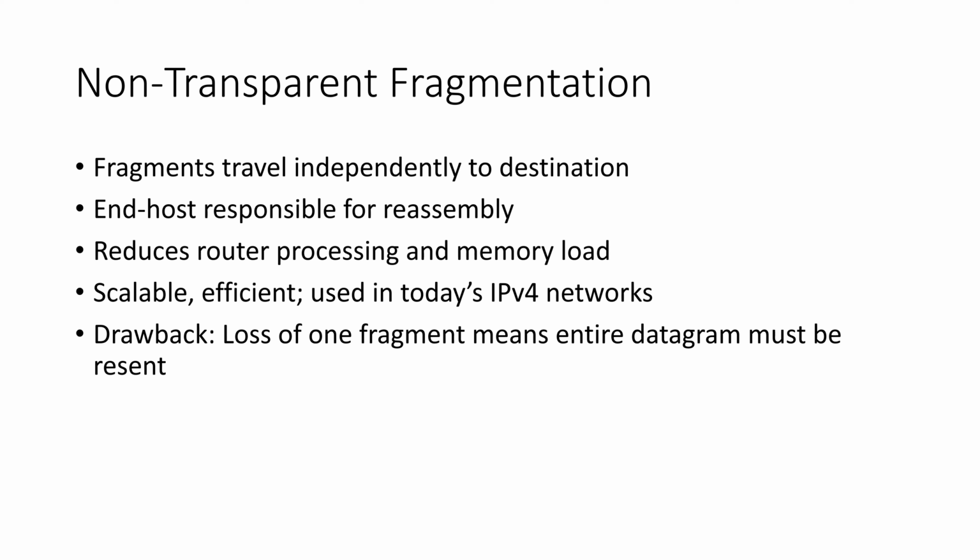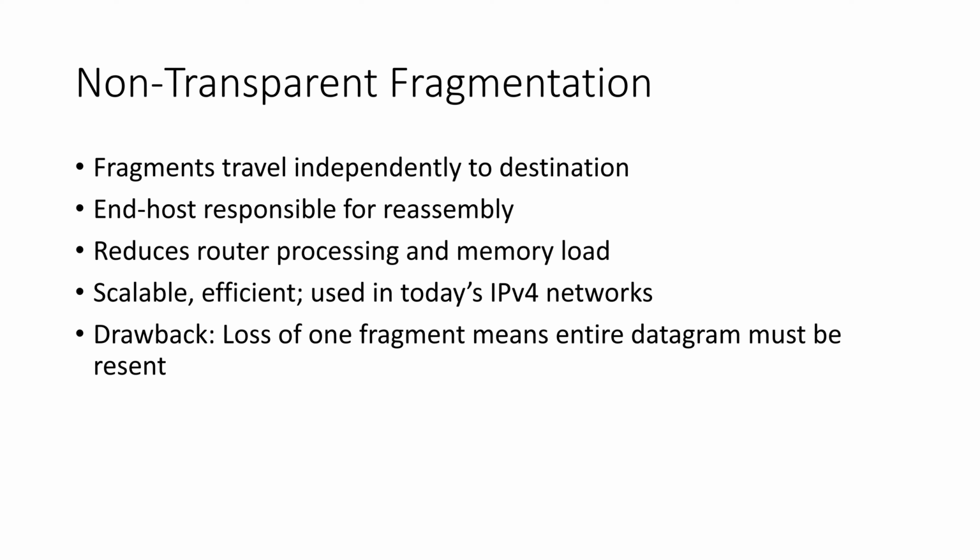Now, non-transparent fragmentation offers several advantages. First is that routers don't have to buffer fragments or reassemble them. Then fragments travel independently, which increases flexibility. And this approach is better for scalability and for high-speed and high-traffic networks.